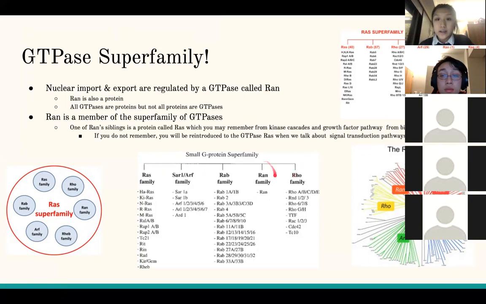As you can see here, its family tree is a lot smaller than all the other ones, but Ran is a member of the GTPases, and one of Ran's siblings, so to say, would be Ras. And these are really important in kinase cascades and just a little connection to Bio 151 in case you want to make that connection. Sometimes it's really helpful for students to make connections between their different classes, but we will focus on Ran.